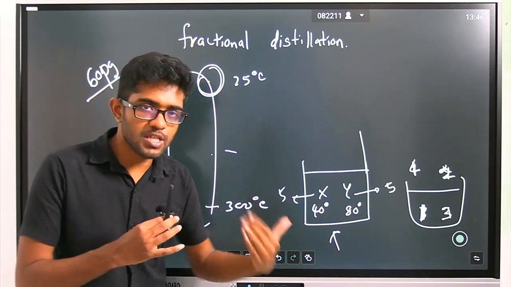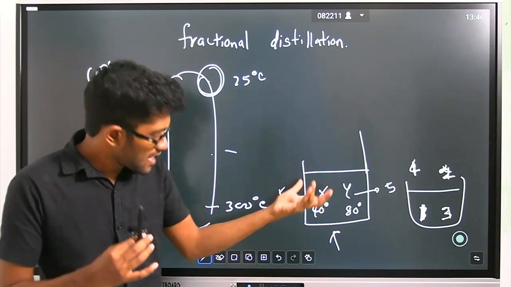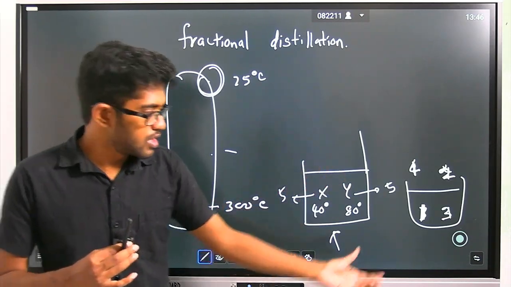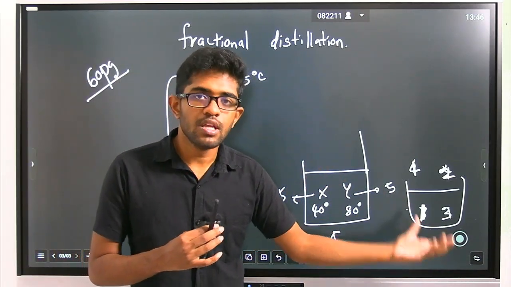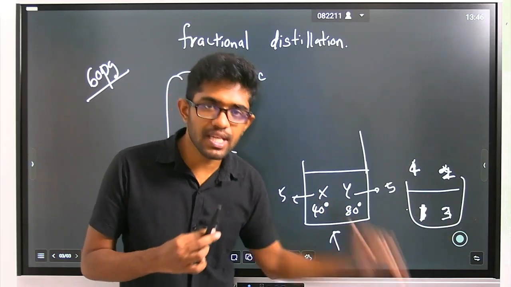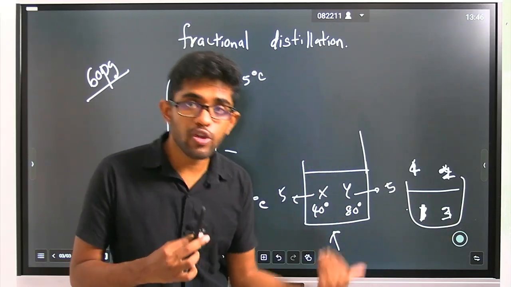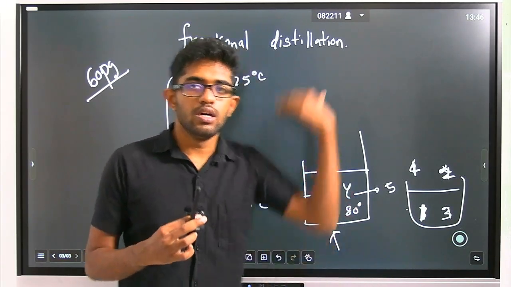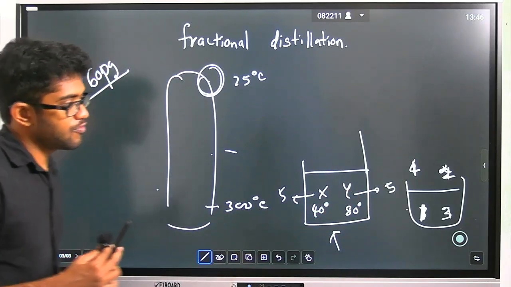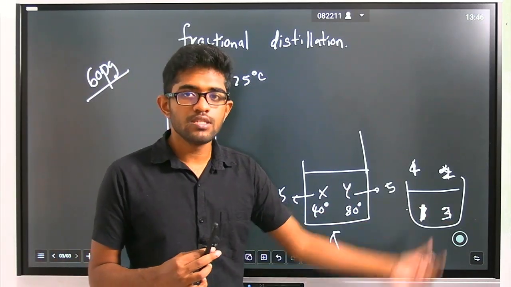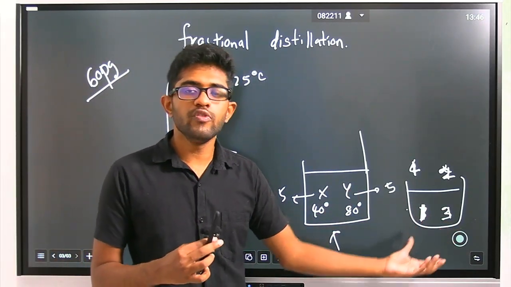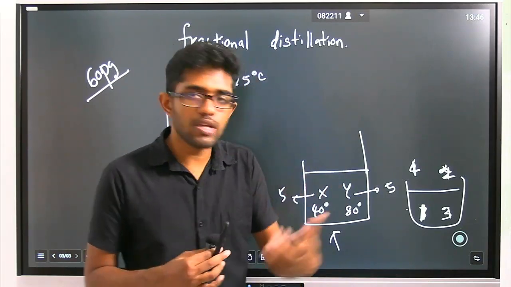The substance that likes to vaporize more has already vaporized a lot. Now considering this sample, the volatility of this solution has decreased, which means you need to give a higher temperature if you want to boil this part. Is it clear? If you want to boil this part, you need to give a higher temperature. That's the idea. So you need to be able to explain those things.